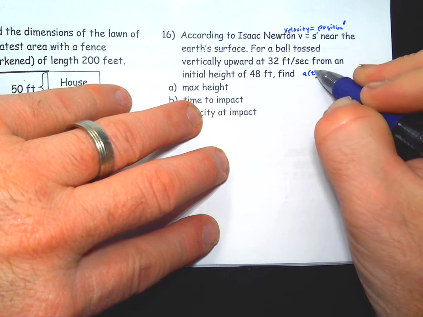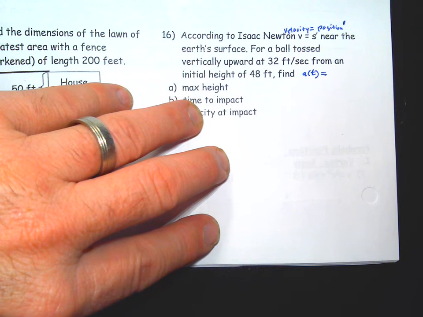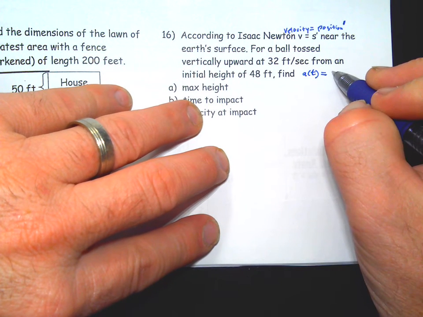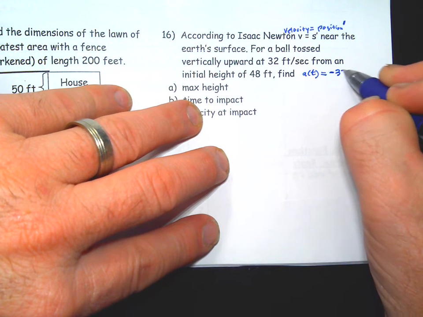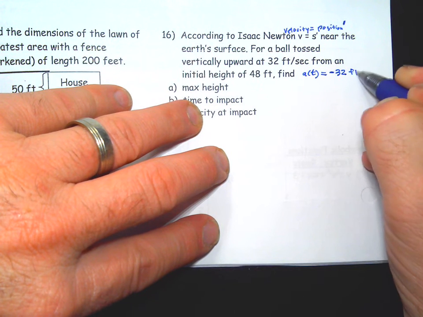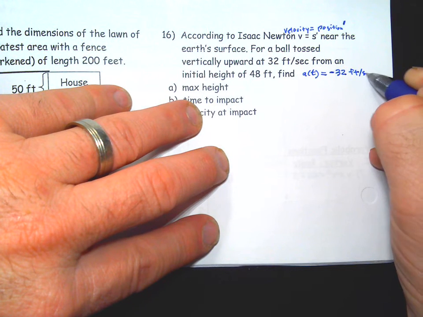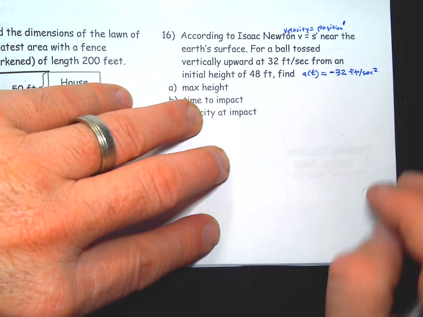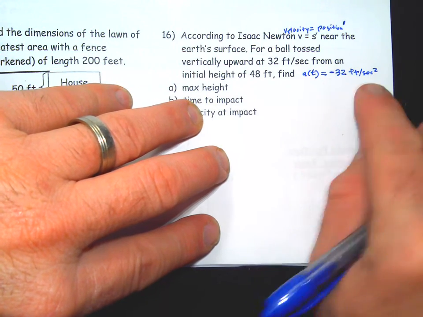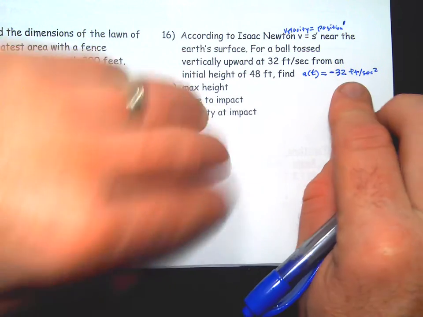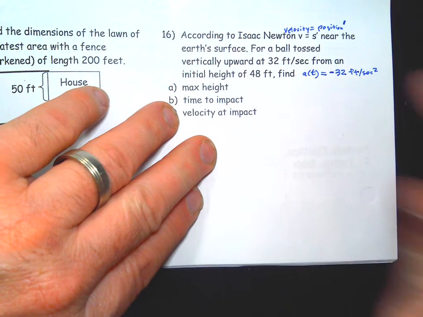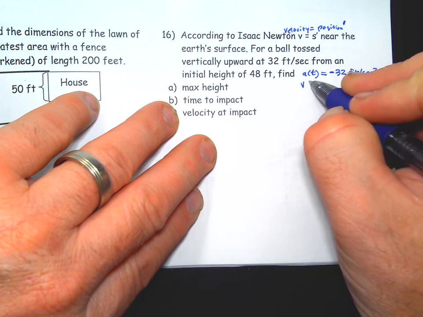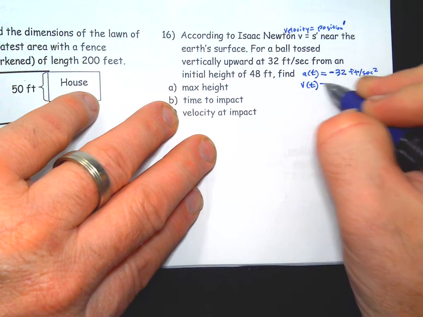So there's this thing called gravity, right? Pulls things down with a constant force near the surface of the Earth of negative 32 feet per second squared. It's negative because it's pulling things down. Okay, this is in general for all objects near the surface of the Earth. It has nothing to do with this specific problem. Now, acceleration is the derivative of velocity.